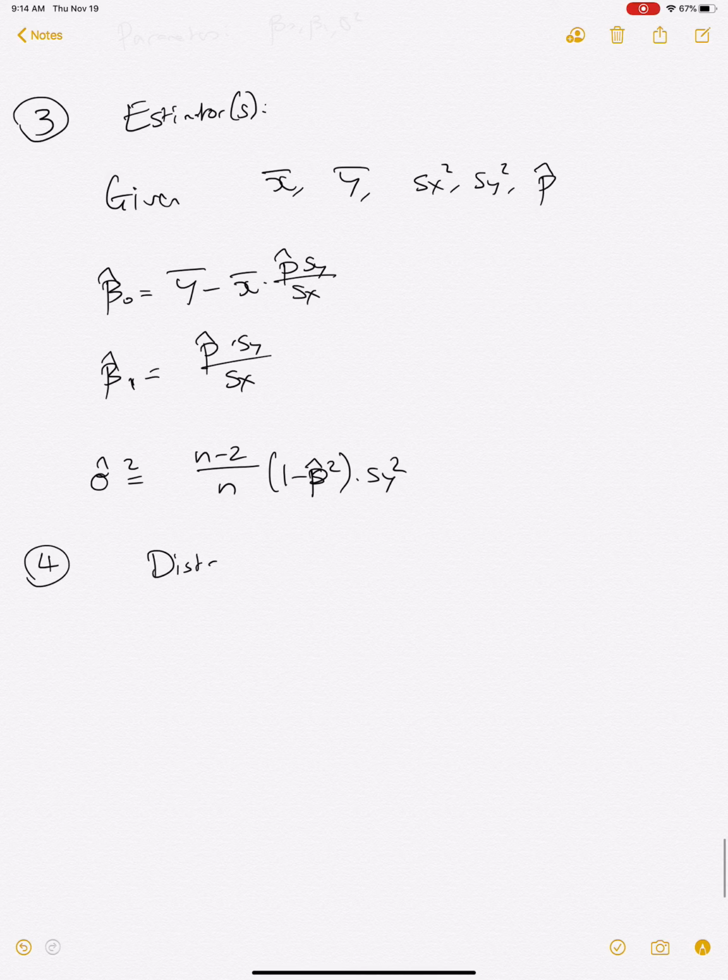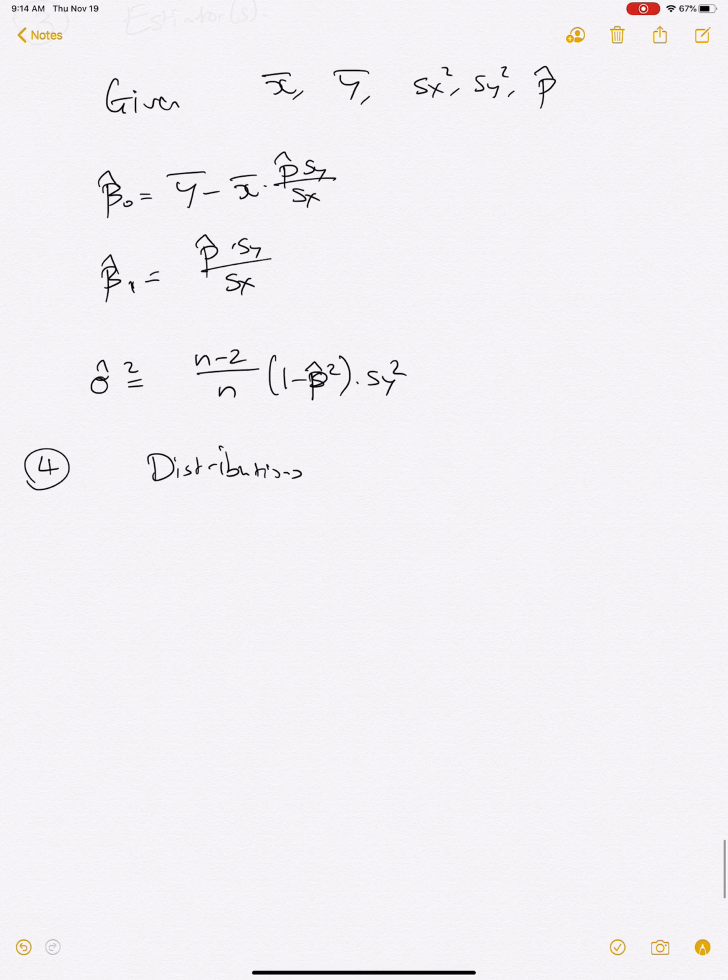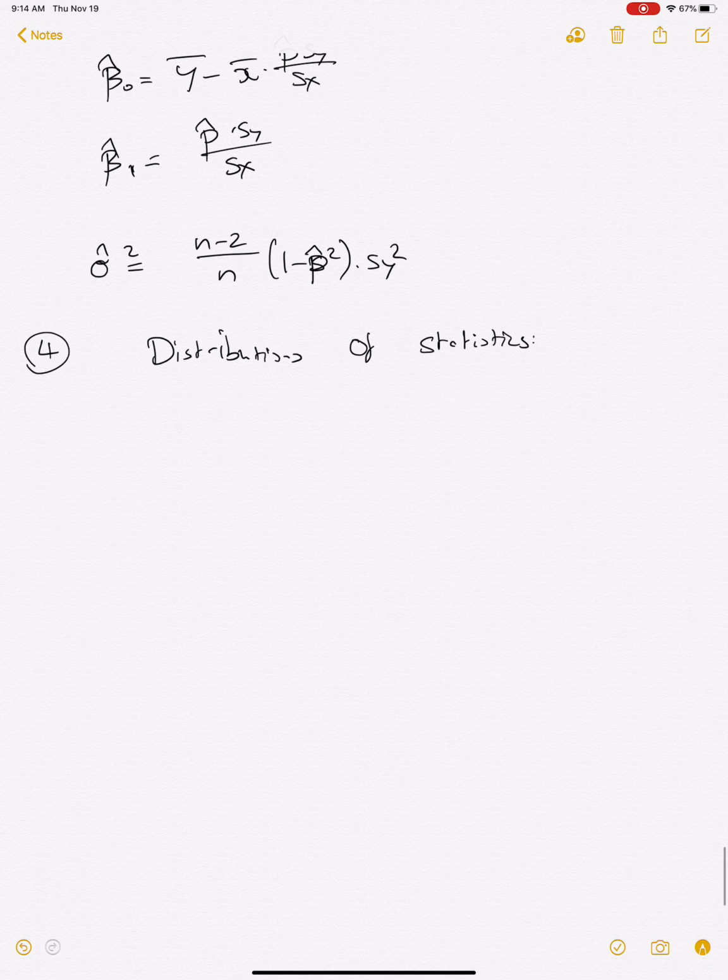And then if we look at the distributions of our statistics, we have that beta hat 0 is normal with mean beta 0, and the variance that we calculated was sigma squared over n sx squared.